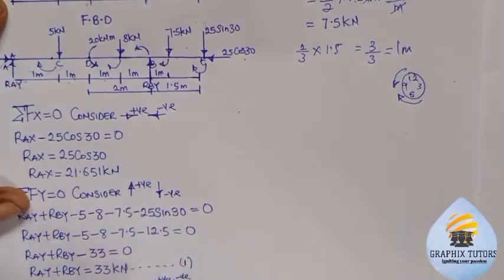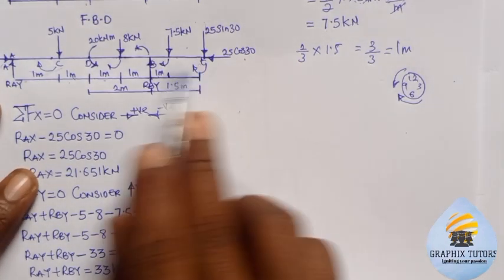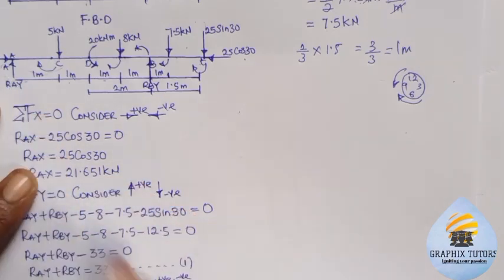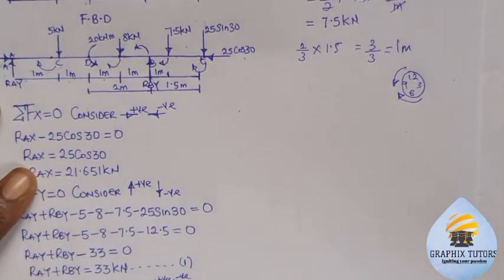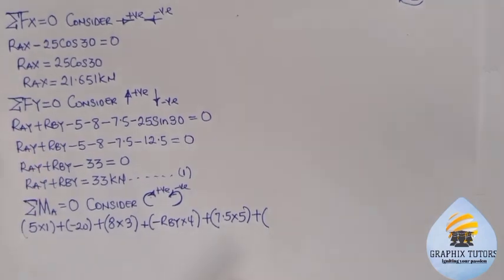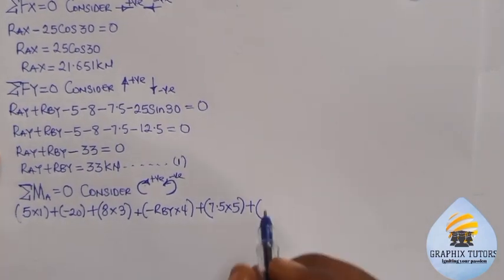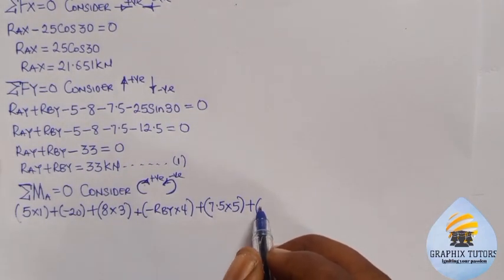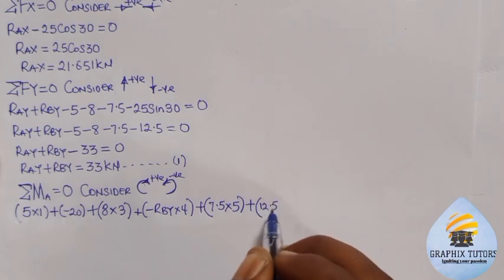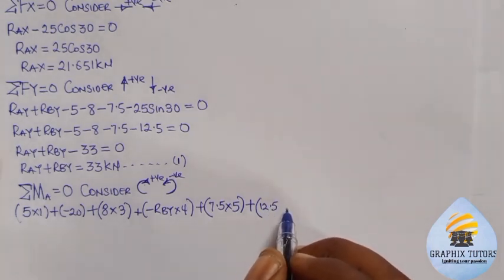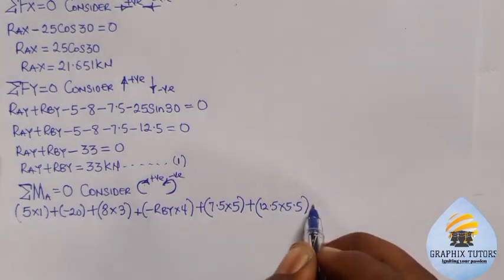That will have 5.5. The total distance there is 5.5. So I'll multiply the 12.5 times 5.5. So we have 12.5 times 5.5. Everything equals 0.